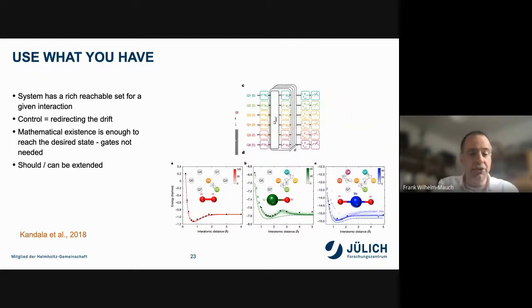Now, there has been an earlier work by the IBM group that follows this idea of directly using elements that are sitting in the hardware. It's work by Kandala, where they took an entangling interaction and added single qubit gates on top of it to sample a good state space for quantum chemistry.